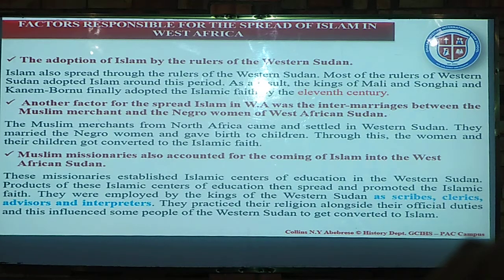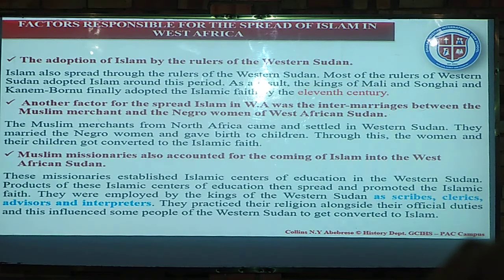So the Muslim missionaries established a lot of Islamic centers of education where people could go and learn the Quran. More so, these educated Muslims, as we have said, were employed by the kings of the Western Sudan, and some of them worked as scribes, some as clerics, advisors, and interpreters.